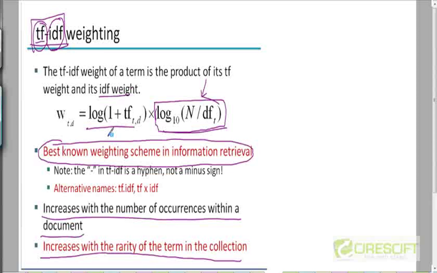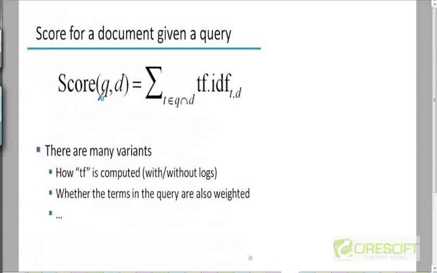Now, how do you actually use the TF-IDF to compute the overall score between a query and a document? Well, you just add the TF-IDF score for every term in the query, just like before.